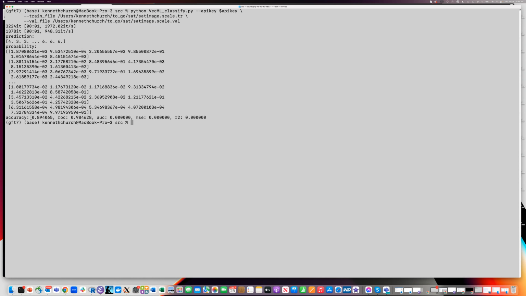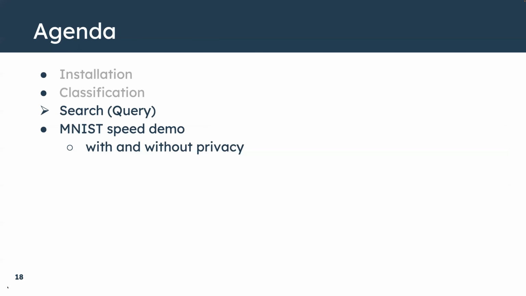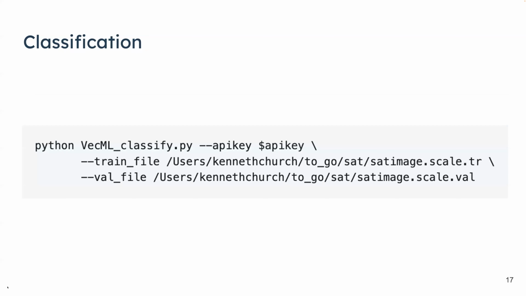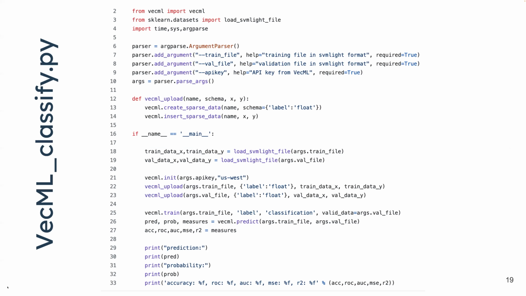So what does the code look like? Let's go back to the PowerPoint. Here's the code for it. And you can see that it all fits on one screen. It was just 33 lines. Much of it is just passing arguments. So it takes a train file and a validation file. You need your API key, and I put that in an environment variable.